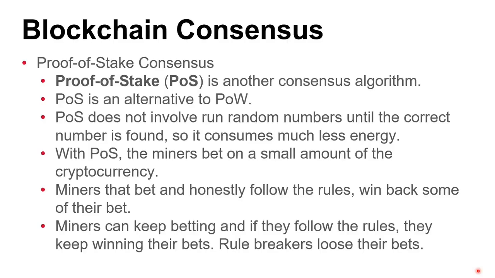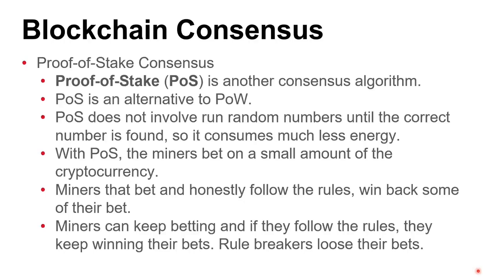With proof of stake, you don't run random numbers until the number is found. So it's considered much more green, consumes a lot less electricity, a lot less energy. In proof of stake, the miners all bet a small amount of their existing cryptocurrency for that blockchain.